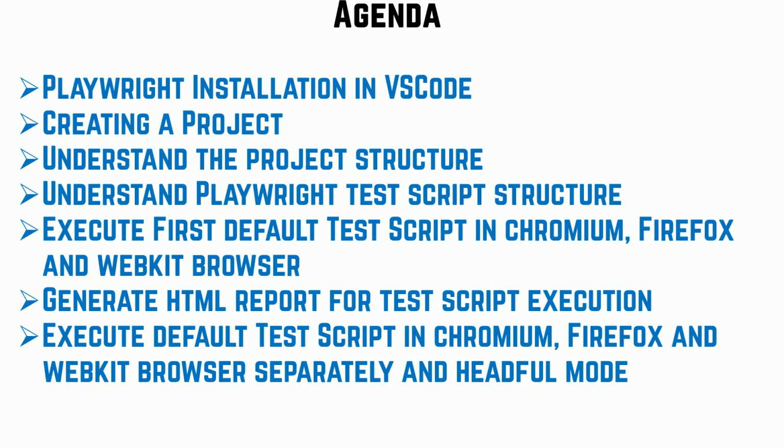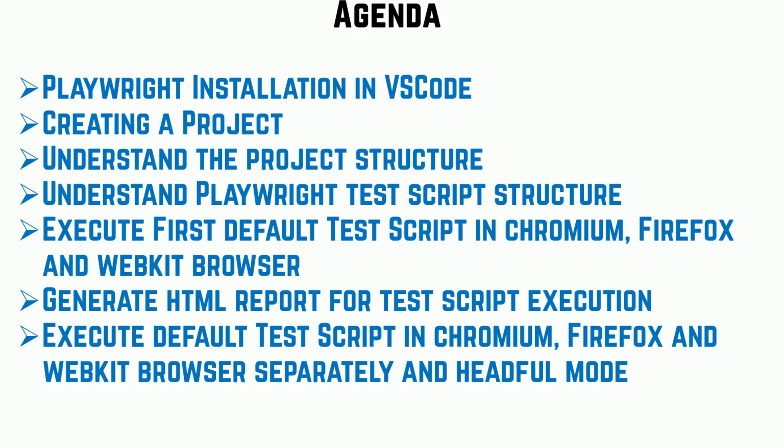Then you can execute the fast default test script in three important browsers like Chromium, Firefox and WebKit. After that, you can generate an HTML report for the test script execution.